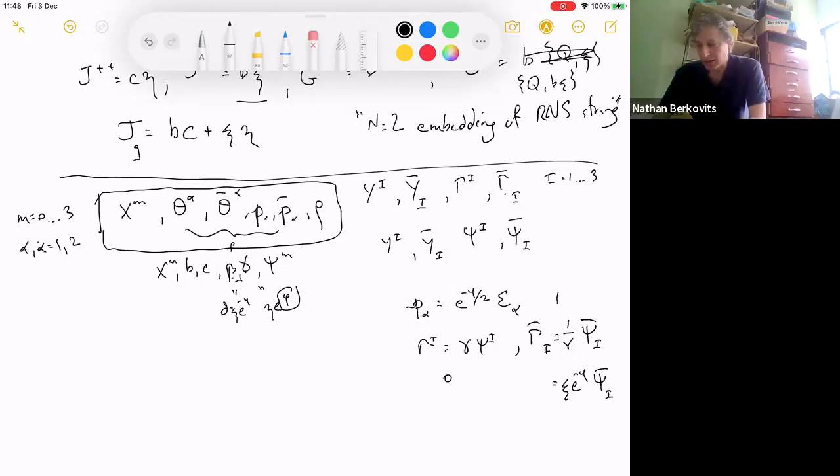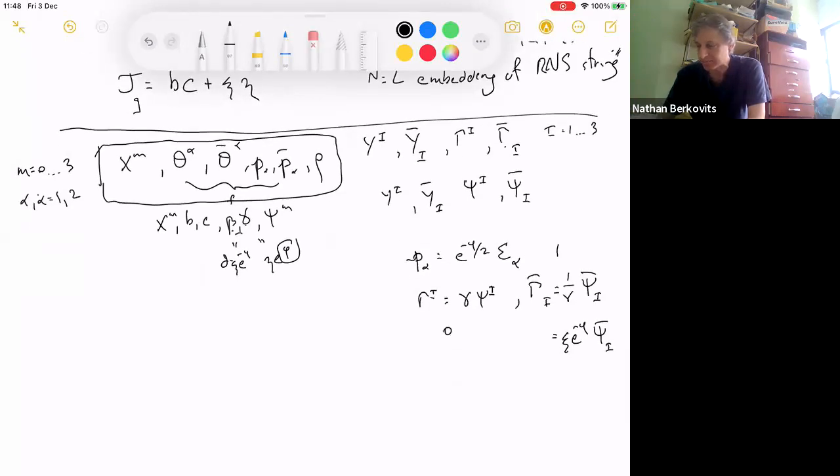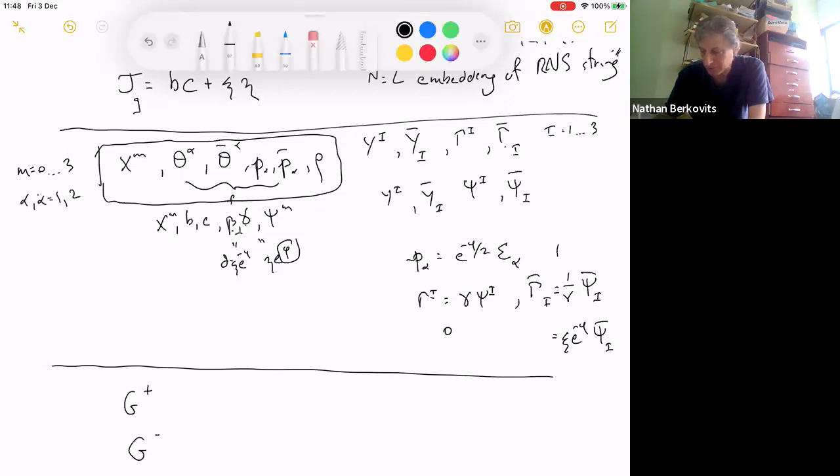So I told you there's a field redefinition. I don't think it's worth telling you precisely what the field redefinition is. I hinted at certain pieces of it. But when you do the field redefinition, you find that G plus and G minus have a simple form. So G plus is equal to d alpha e to the rho, plus something I'll call G6 plus.